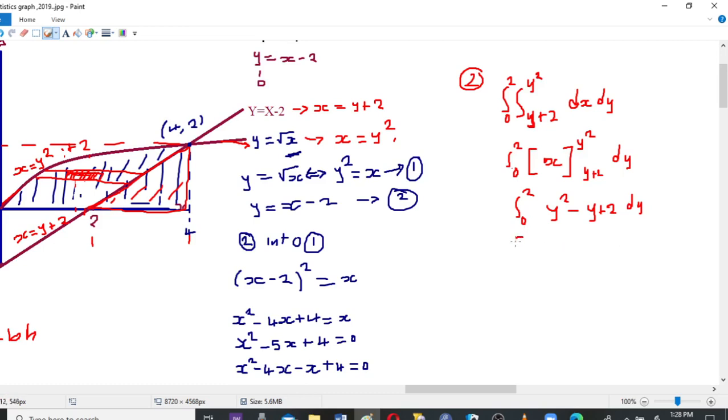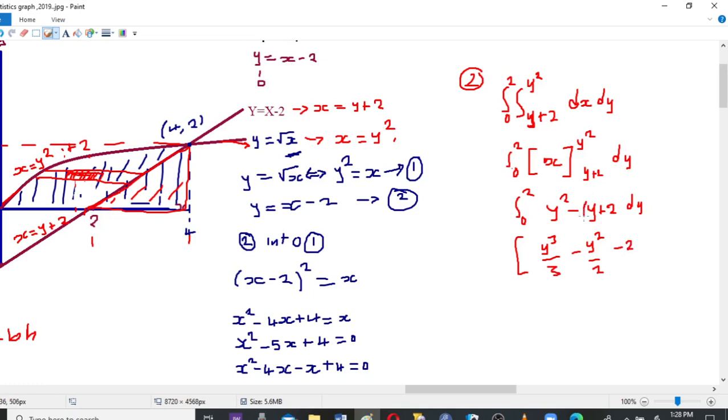Doing that, we are going to get y cubed over 3, then minus y squared over 2, then minus 2y.